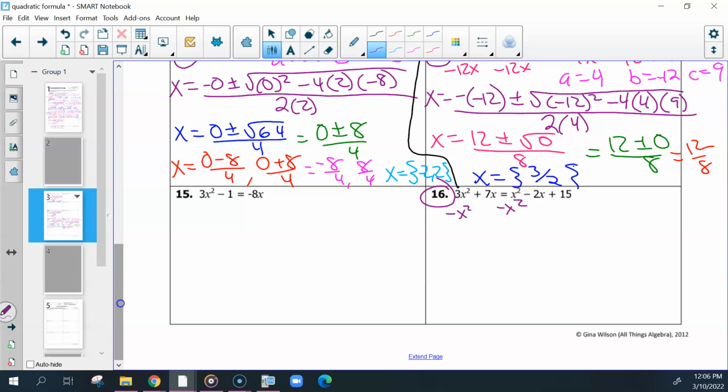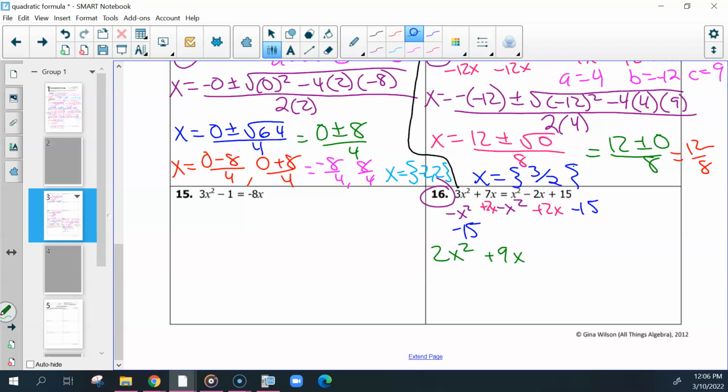So I would subtract my x squared. I would add my 2x. And then I would subtract 15 just to the other side. So looking at all of those things, 3x squared minus x squared would give me 2x squared. 7x plus 2x would give me plus 9x.